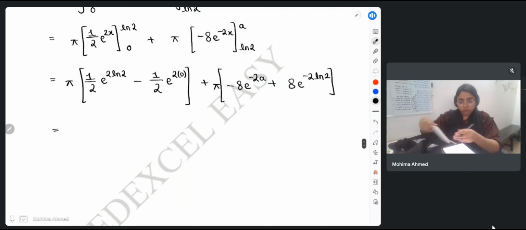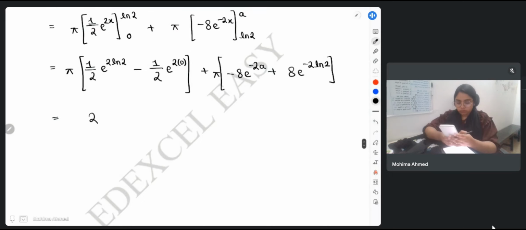So now you have half e power 2 ln 2, which is 2, and 0.5 e power 2 multiplied with 0, which is just 0.5.